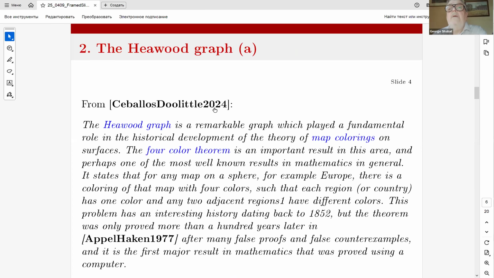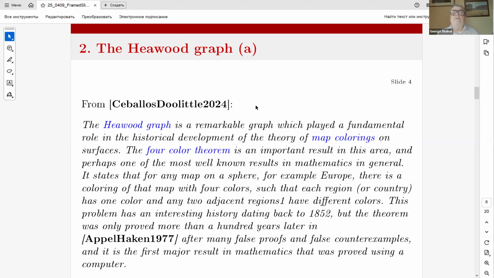And now a couple of slides for just the history. As you see, I quote some very recent paper. So instead of taking bits of information from somewhere, I just copy the full parts of it.